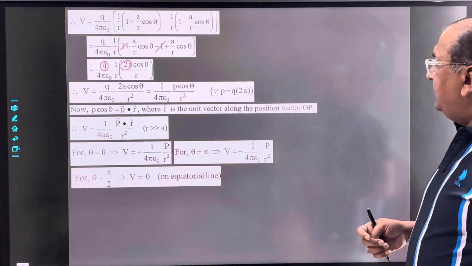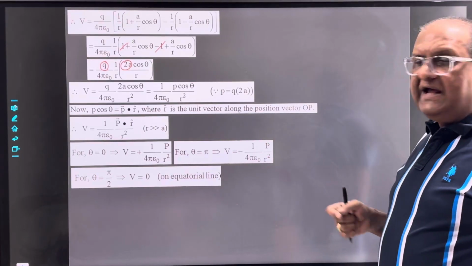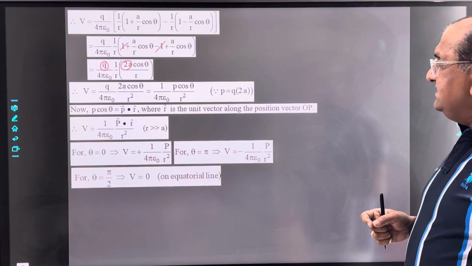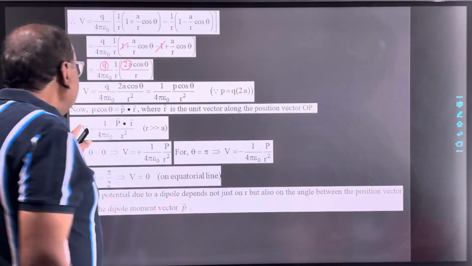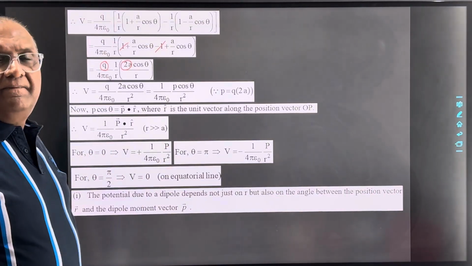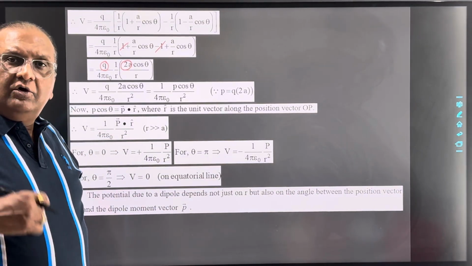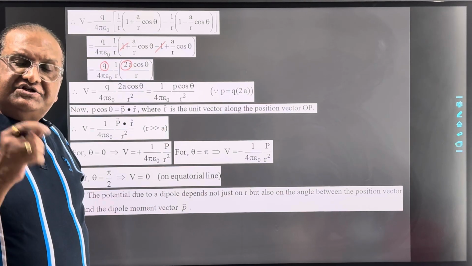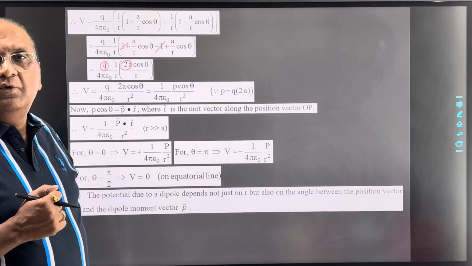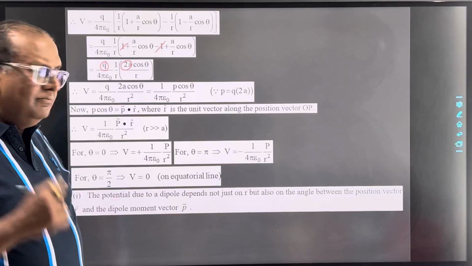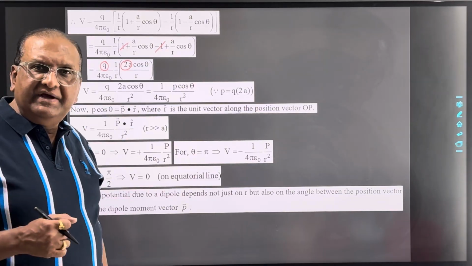Now, here we have the electric potential at a point due to an electric dipole. And here we can see that the electric potential does not depend only on the distance r, but it also depends on the position of the point with respect to the dipole, or we can say the dipole moment, because here this cos theta appears.